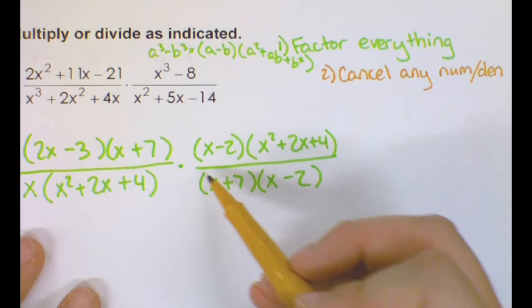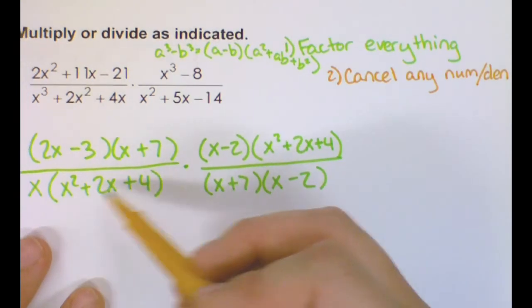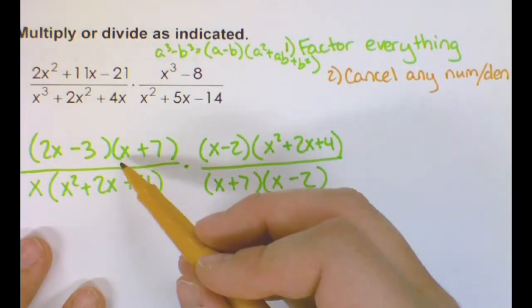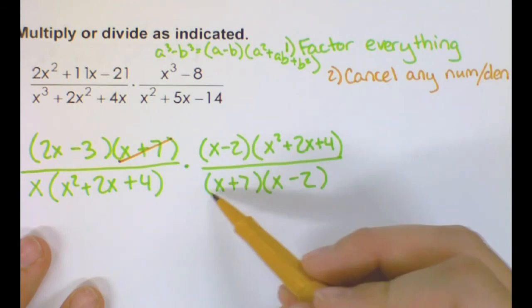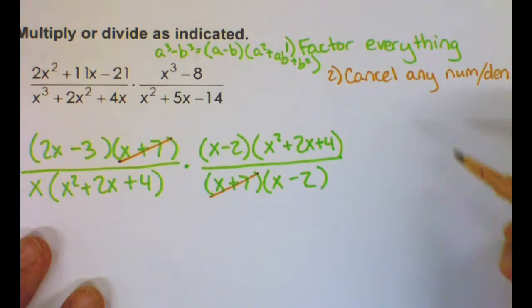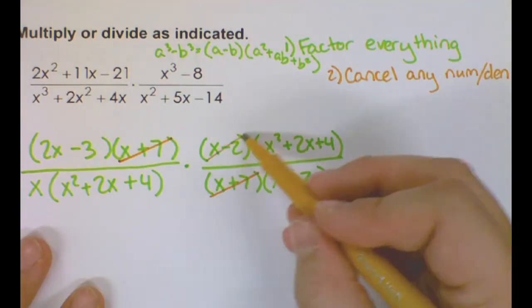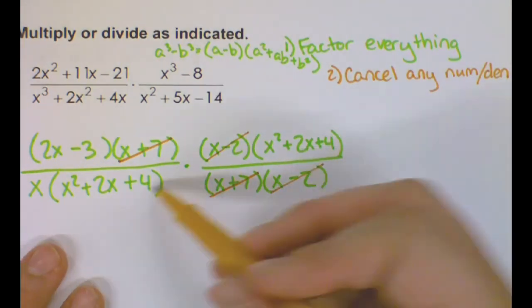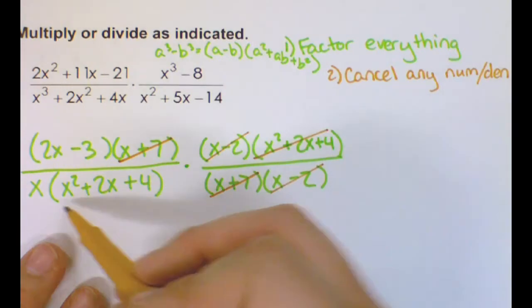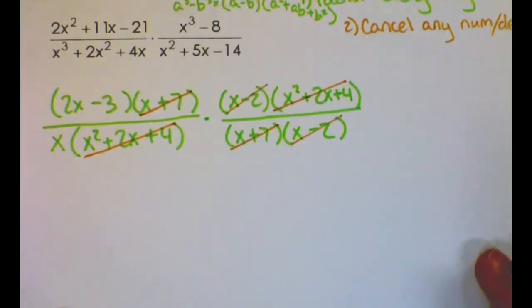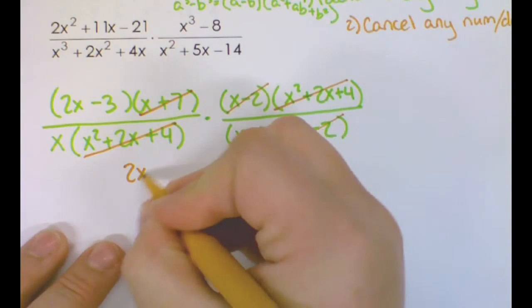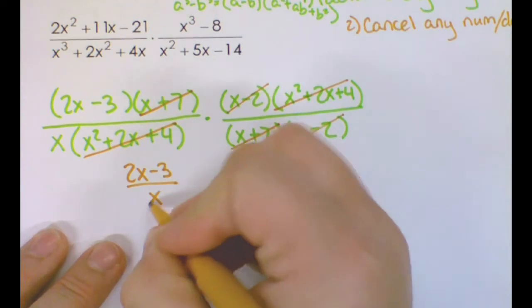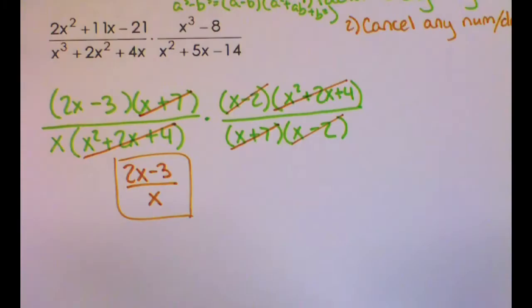X plus 7, well, there's nothing in the same fraction, but over here I have an x plus 7 in the denominator, so they can still cancel. X minus 2 is in its own fraction, so those cancel. X squared plus 2x plus 4 is over here. They can cancel diagonally, leaving me just 2x minus 3 over x as my simplified version.